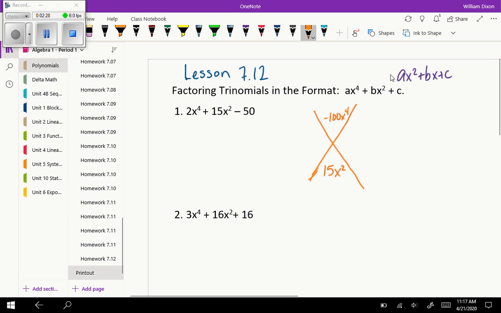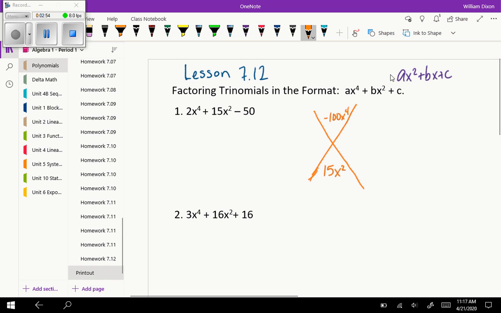You can type into f of x equals negative 100 divided by x. You go to your table and you look at the factors that multiply to negative 100. Which one of those add up to 15? So what you should discover by doing that is that it is going to be 20 and negative 5.